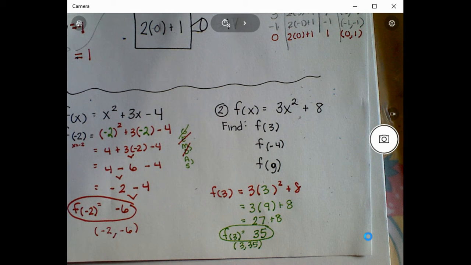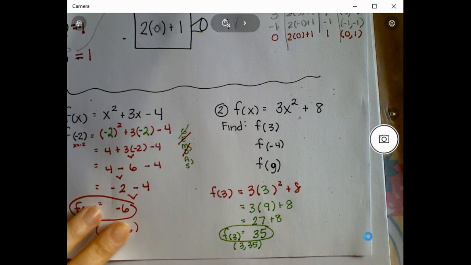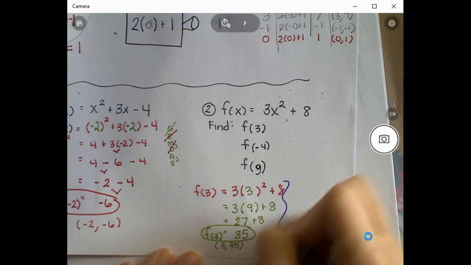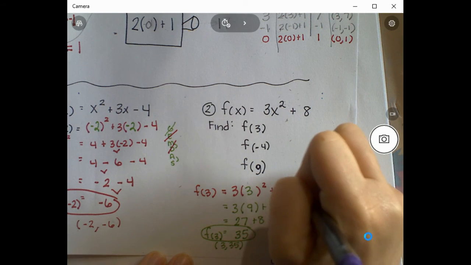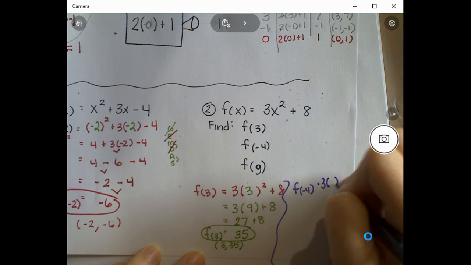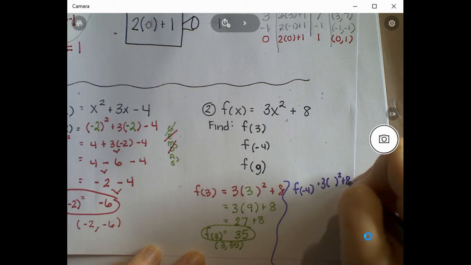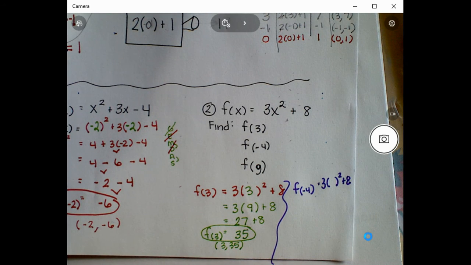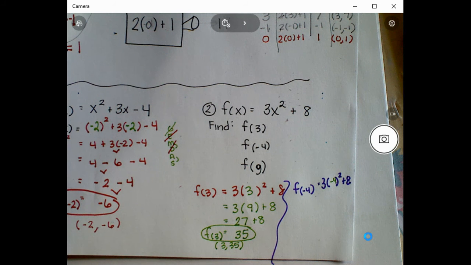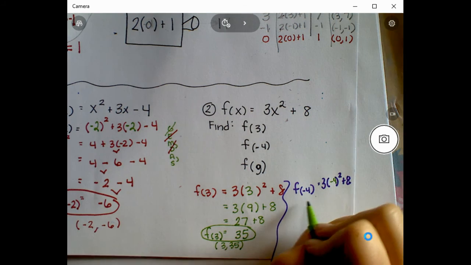All right, f of negative 4. Let me use a different color so you can see, since now my paper is kind of a mess. F of negative 4. So now we're going to substitute everywhere there was an x. We're going to put negative 4. Use the order of operations to simplify. Exponents.